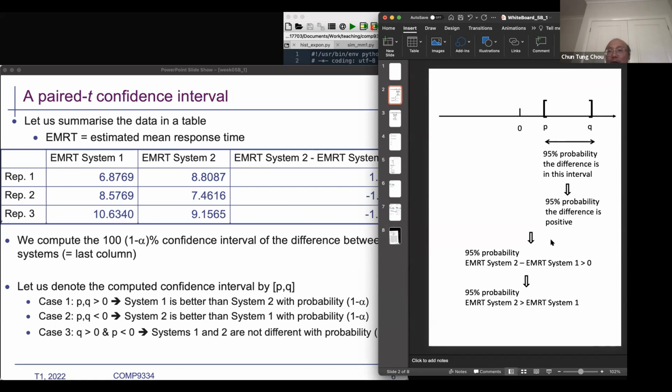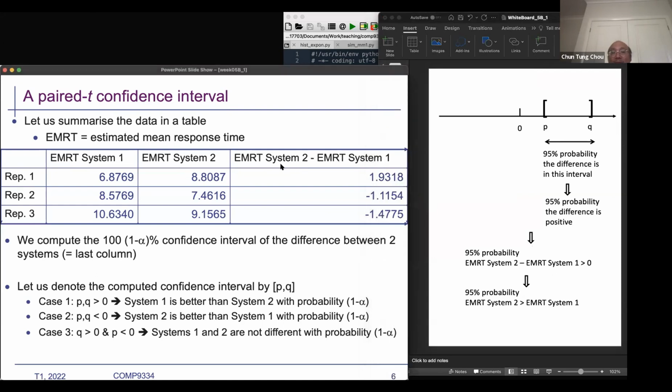Now, if you recall, this is how we computed the difference: the estimated mean response time of system 2 minus the estimated mean response time of system 1. So there's a 95% probability that this number is positive.